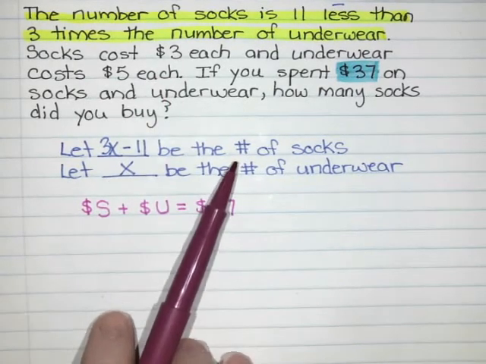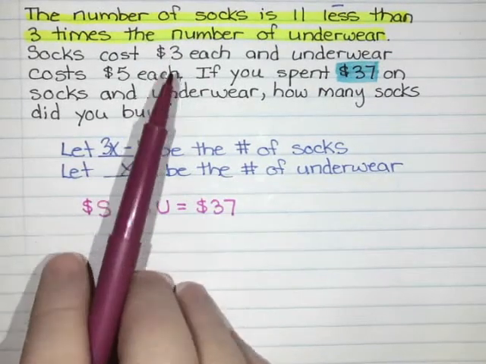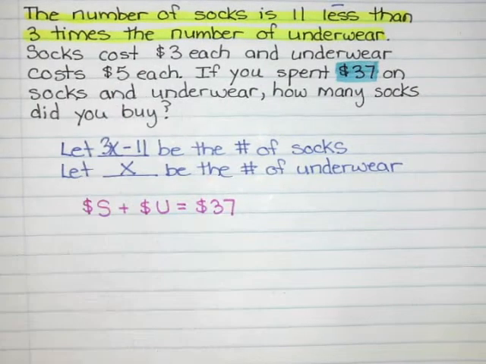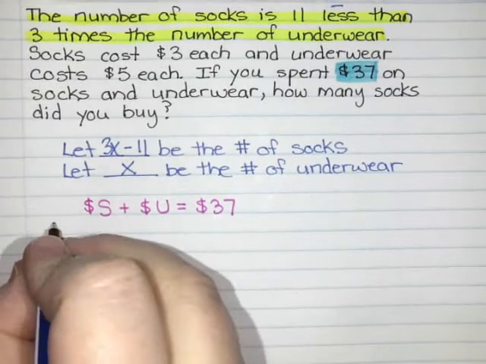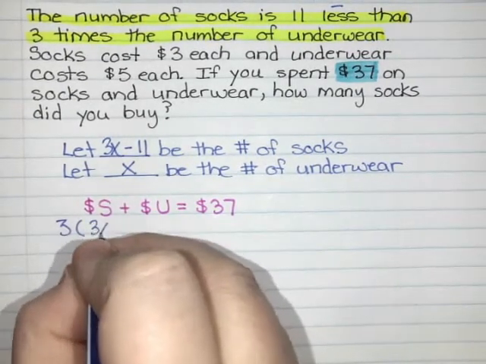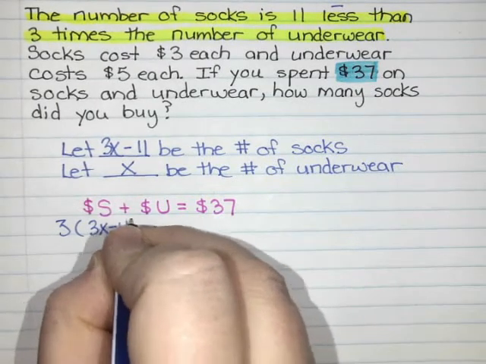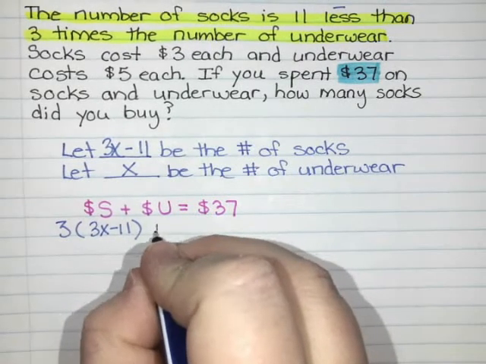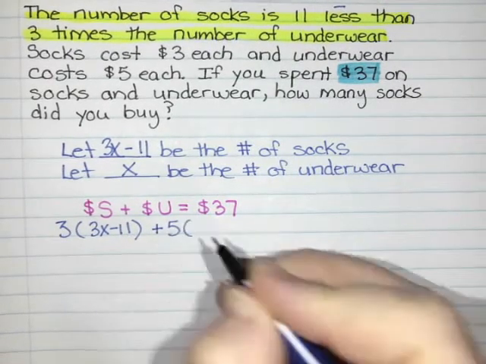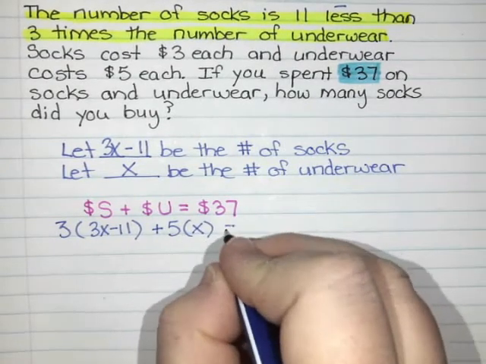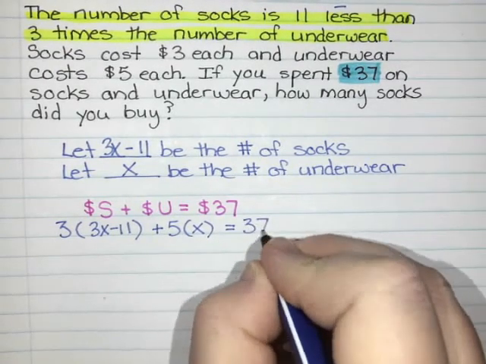So I would take the number of socks times $3 and the number of underwear times $5. For the socks, I'm going to do $3 times the number of socks, which is 3x minus 11. And for the underwear, I'm going to do $5 times the number of underwear, which is x. And in total, that equals $37.